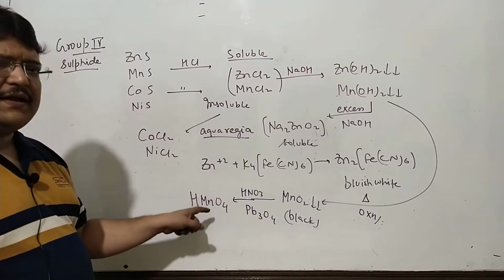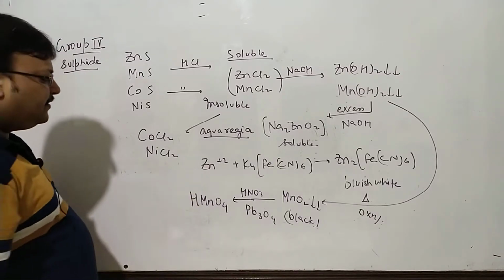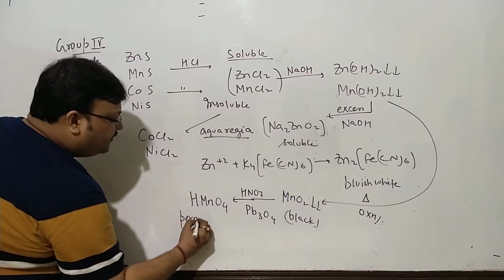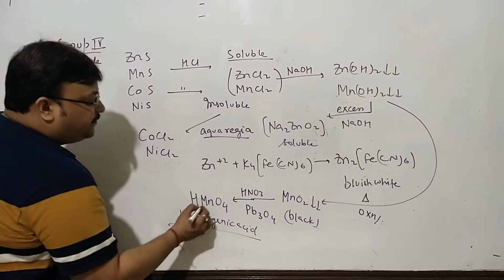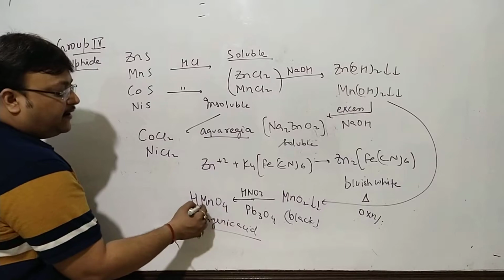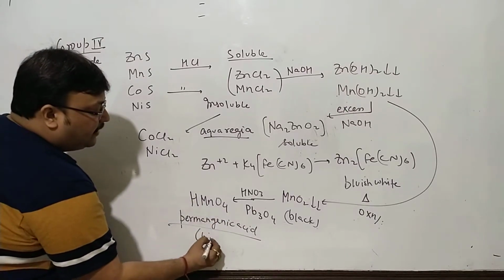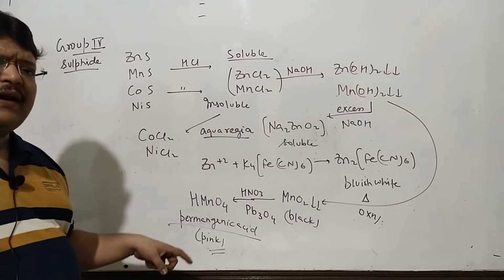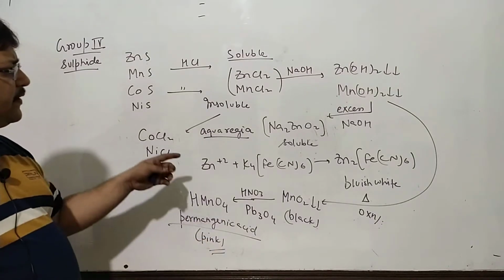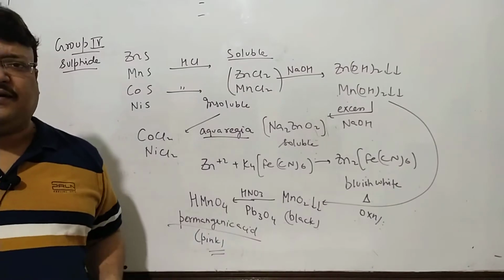This naturally furnishes the MnO4 minus, permanganate, which is a pink radical. So KMnO4 also gets its pink color because of MnO4 minus. Permanganic acid is pink, and we are done with zinc and manganese now.